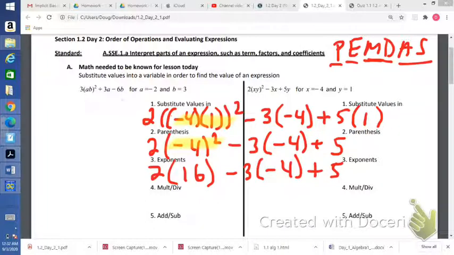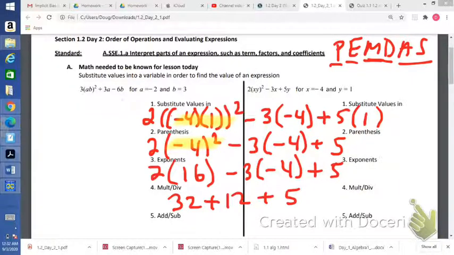Okay, let's multiply and divide. We do whatever comes first as we look at it from left to right. So we have 2 times 16, that gives us 32. And then we have a negative 3 times a negative 4, that's a positive 12, plus 5.